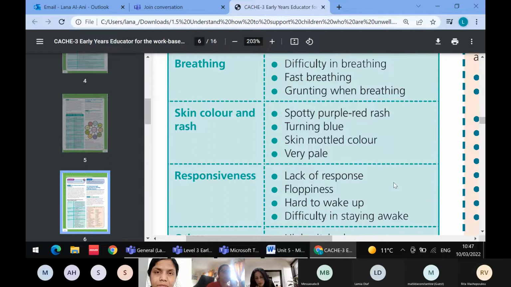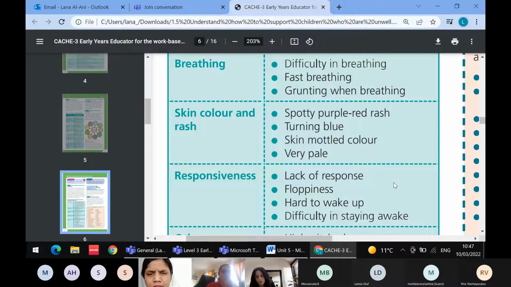How about the skin color? Their skin color will be different. Yes, they can turn yellow, like with hepatitis. It looks very pale. Very good. Their skin goes yellow and pale, or it could go red, they have a rash, or turn blue. That's even more scary.